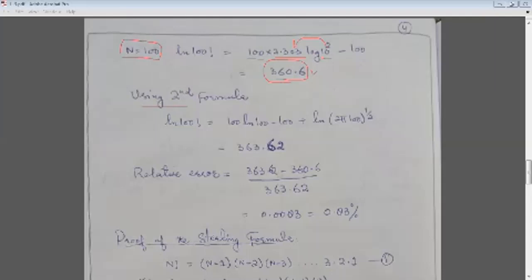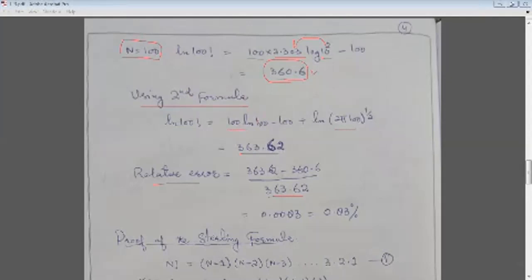Now we will use the second formula of the Stirling approximation, that is, ln of 100 factorial will be equal to 100 ln 100 minus 100 plus ln of the square root of 2 pi times 100. This comes out to be 363.62. So the relative error will be 363.62 minus 360.6 upon this much.